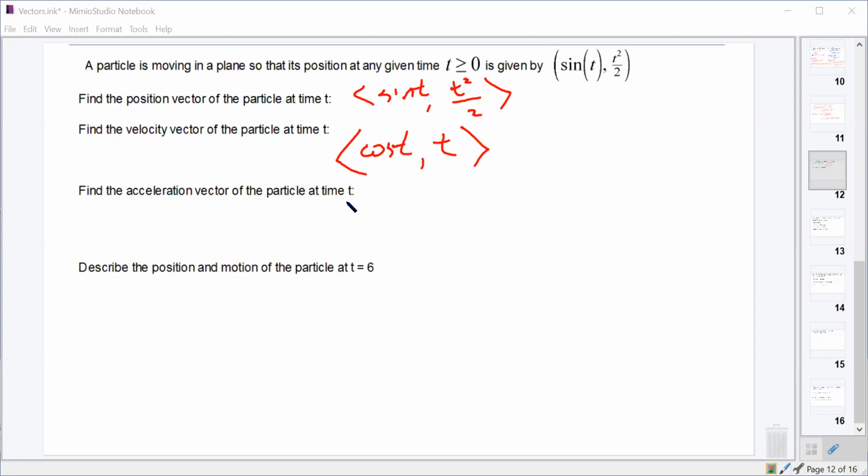Do it again, right? So derivative of cosine t should be negative sine t and 1.